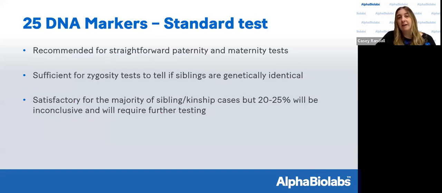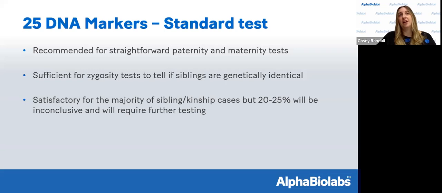So 25 markers in straightforward paternity and maternity tests, it's a great option. It's a lower price point than the 45 marker test, and it does the job for straightforward paternity and maternity tests. It also is a very good test for zygosity.